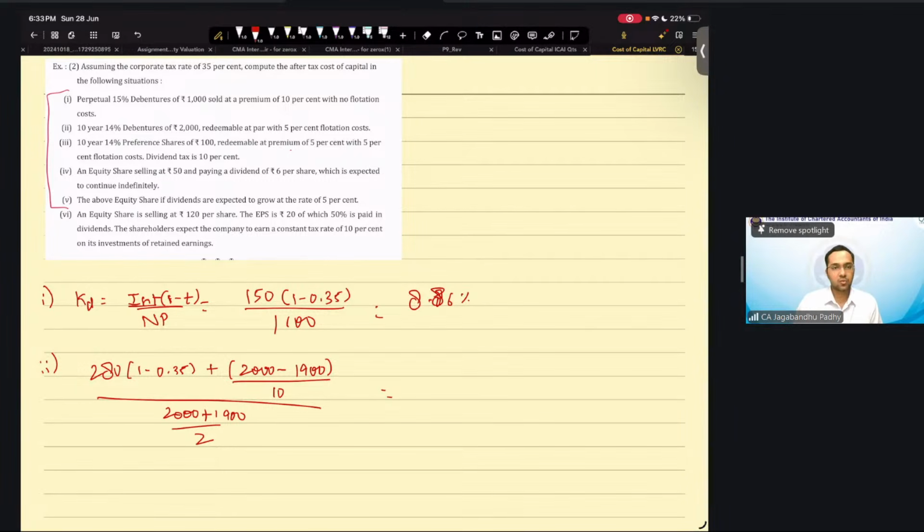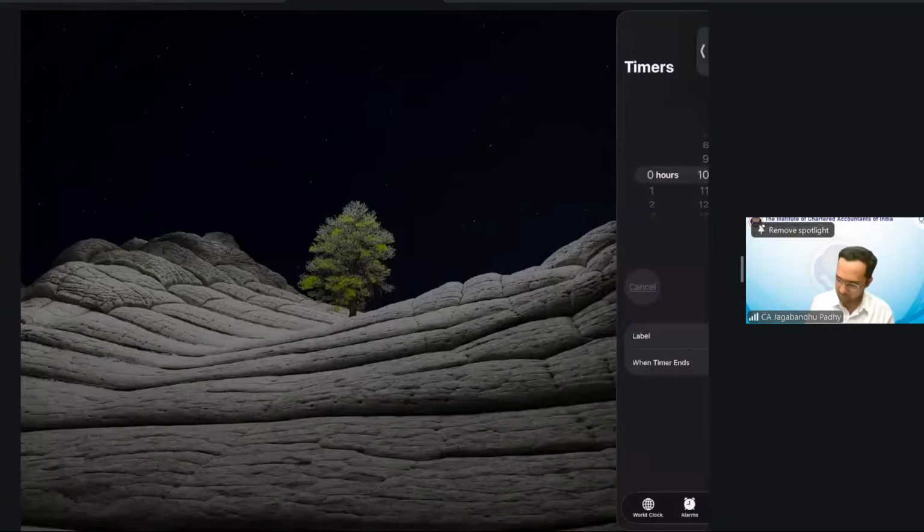So the answer for the second one: 280 into 0.65 is 182, plus 10, divided by 1950. 192 divided by 1950 is 9.84%.